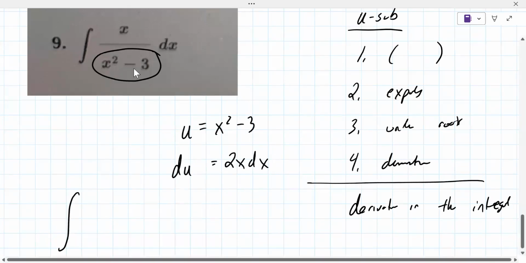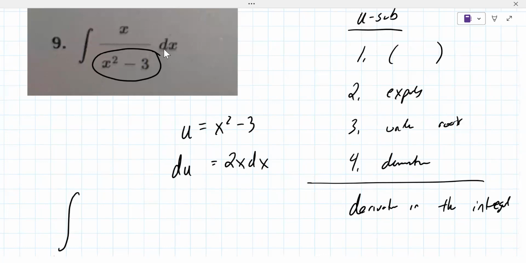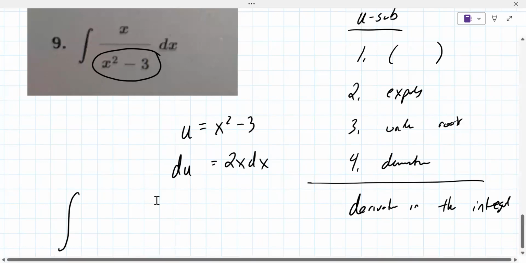Remember, you put u on the bottom, you solve this for dx, and then you try to cancel if you can. Wait, can you say that again? You kind of cut out. I'm asking you to substitute in u for x squared minus 3, solve the second thing for dx, put that back in and let me know what you come up with.